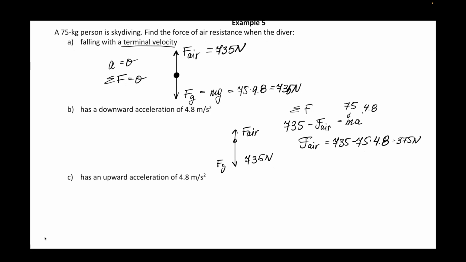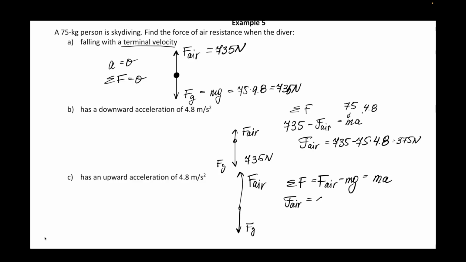And then the last example, we have an upward acceleration. If the acceleration is in an upward direction, that means that force of gravity is now less than force of air resistance. So net force is going to be force of air minus mg, which will be equal to mass times acceleration. Force of air is, again, what we're looking for.